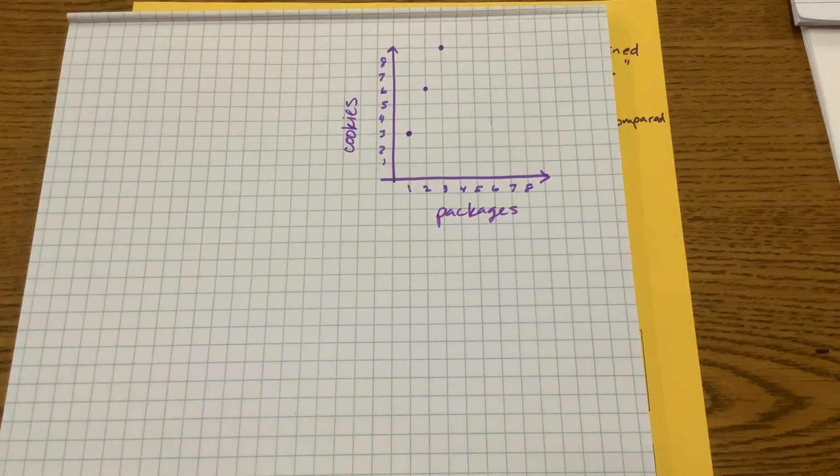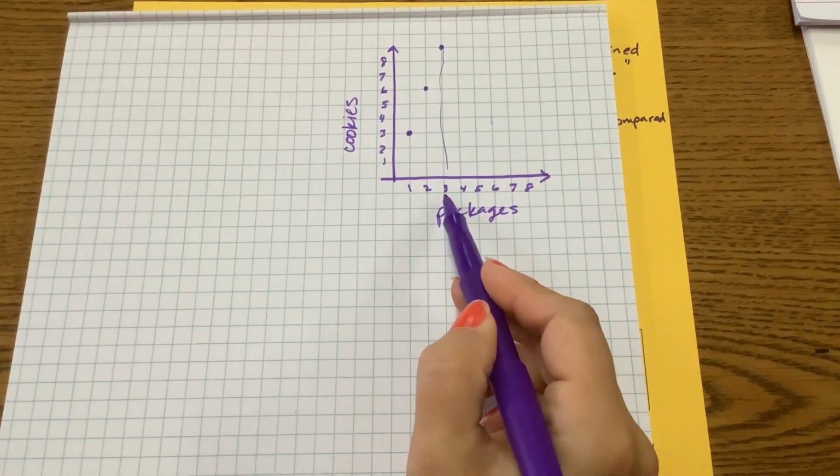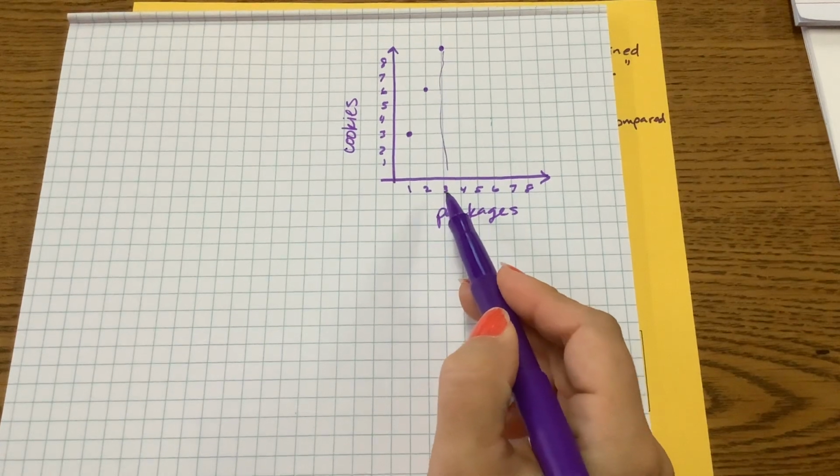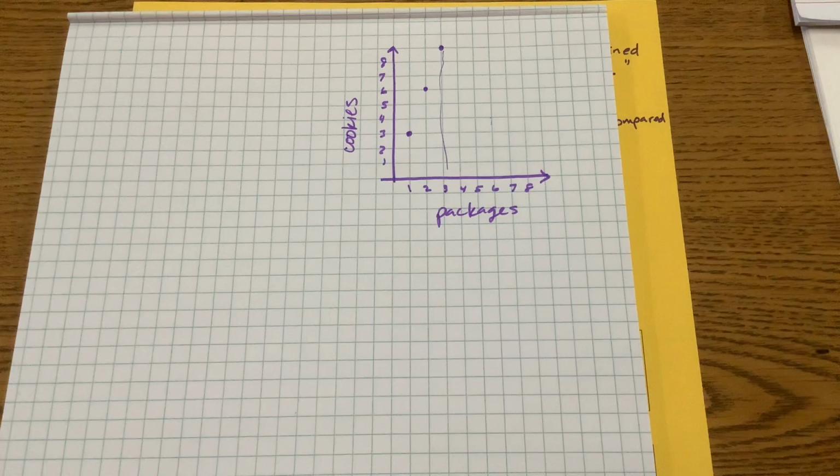So if we're talking about the rate of change, it's however many cookies per however many packages. So we could say that there are 9 cookies per 3 packages. Okay, but if I wanted to reduce it down to a unit rate, how many cookies are in one package? 3. And you can see that on the graph.